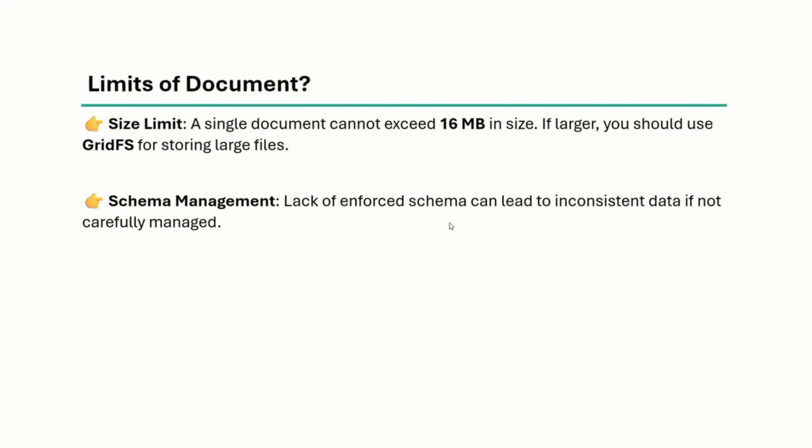For example, in the products collection, you can insert a user document and MongoDB will not complain, because by default there is no enforced schema. So two documents can have completely different fields and a different number of fields, which can lead to inconsistent data if not carefully managed.